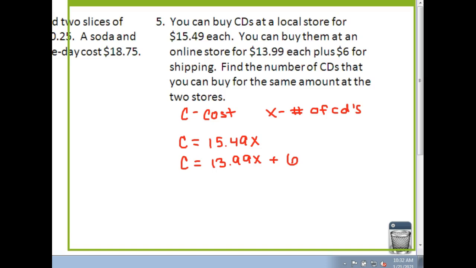And we want to know when will the cost be the same. So what we're going to do for this problem is set those two equations equal to each other. So you'll subtract 13.99x from 15.49x.